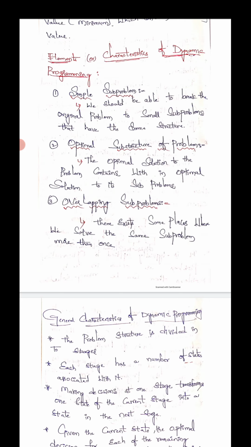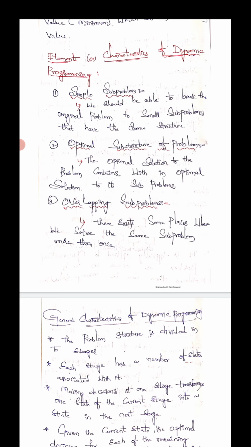Likewise, we are making some optimal substructure of problems. Listen carefully. If you have a problem, first of all, you need to divide its structure into stages. Each stage has a number of states associated with it.